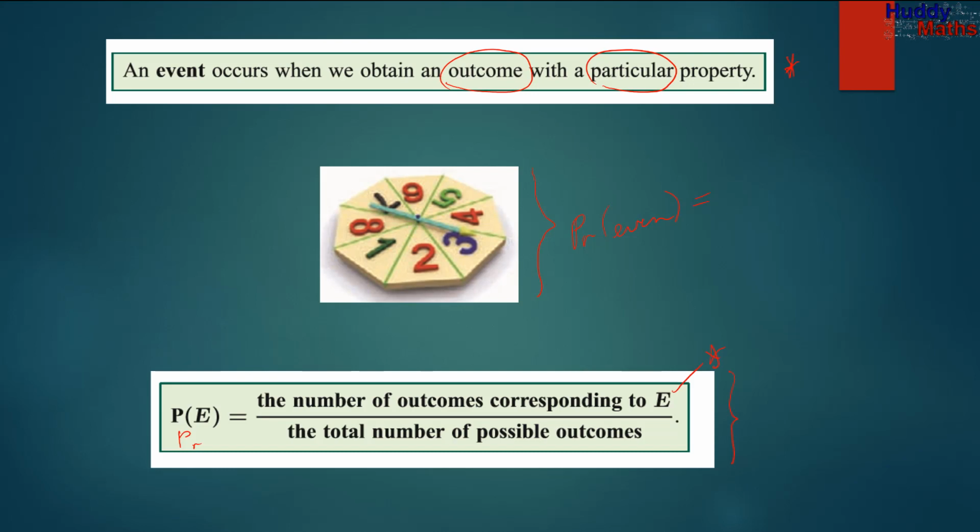So what is it? 2, 4, 6, and 8. So that's 4 out of the total 8. Okay, so 4 out of 8. And that's the bottom line, of course, the total number of possible outcomes, or the total number of items in the sample space, if you like.